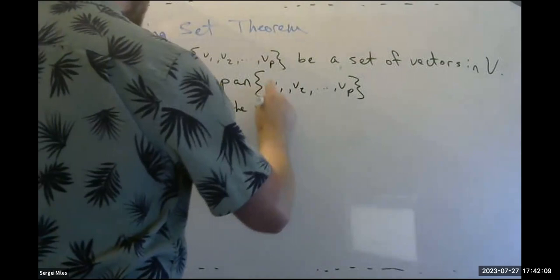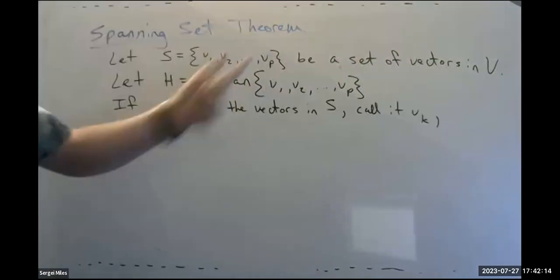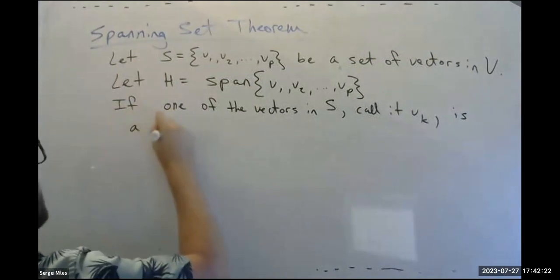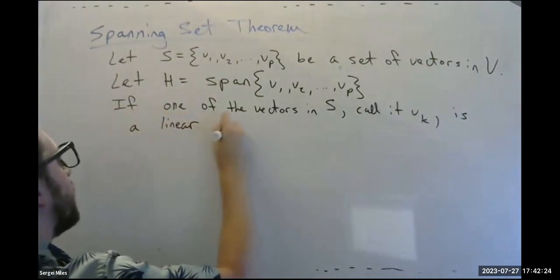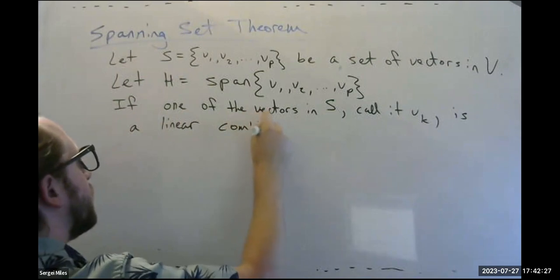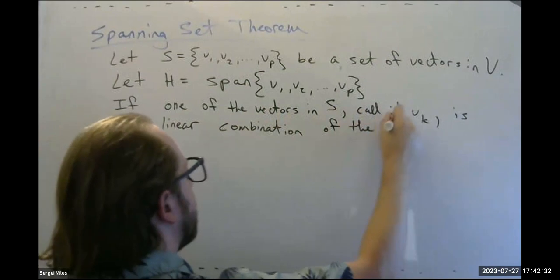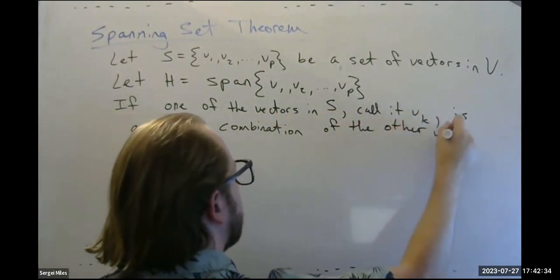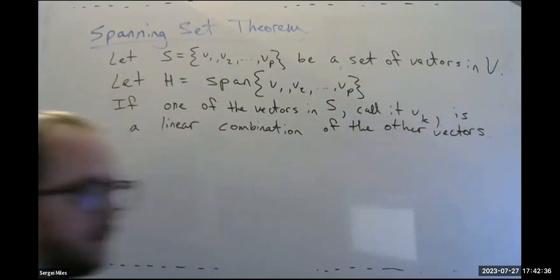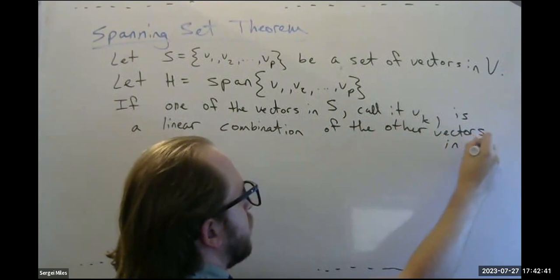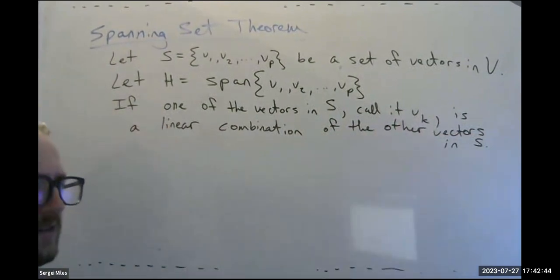The K is arbitrary, right? VK is just one of the vectors that's inside of S. We're just saying, let's suppose one of them is a linear combination of the other vectors in S.